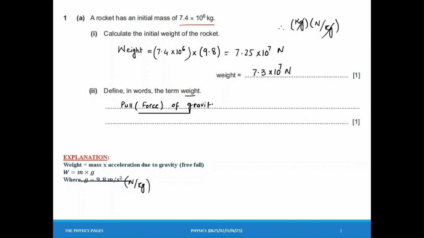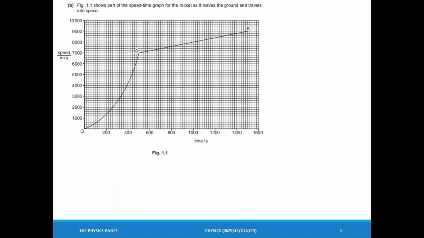Weight is a force of gravity on an object. We also say that weight is the force due to which Earth attracts every object toward its center. So we can also say it's a vector quantity, it's a force. We can write it in any way like this.